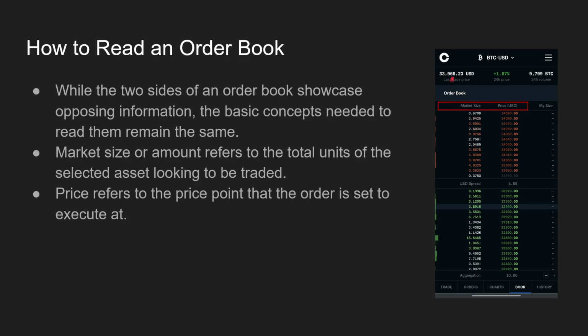The current price, or the last traded price, was 33,966. So this person or persons have a noticeable accumulation of bids at this particular price of 33,880. And this is one thing we can start to take note of as we read order books.